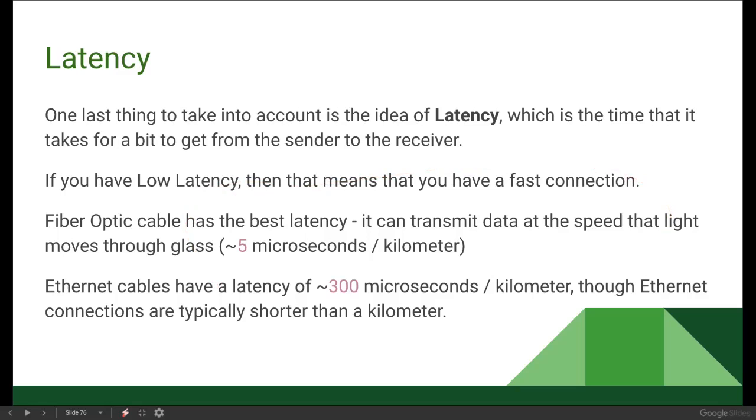It transmits data at the speed that light is moving through glass, which is very, very fast. So the latency we introduce is about 5 microseconds every kilometer. Ethernet cables have a much higher latency with about 300 microseconds introduced every kilometer we travel, although we're usually not going to have Ethernet cables that are a kilometer long. Usually they're going to be much, much shorter than that. Usually going to be within the same room or within the same home. So the latency is not going to be hugely noticeable through Ethernet.